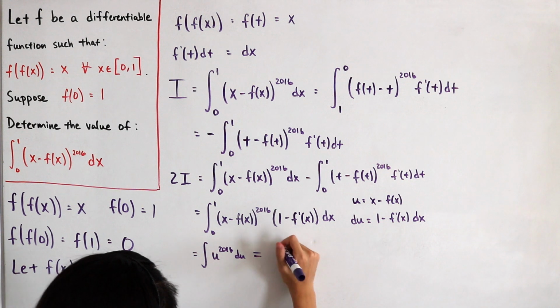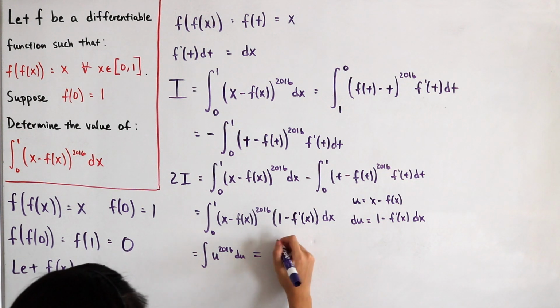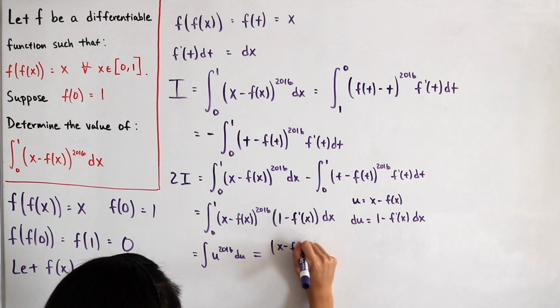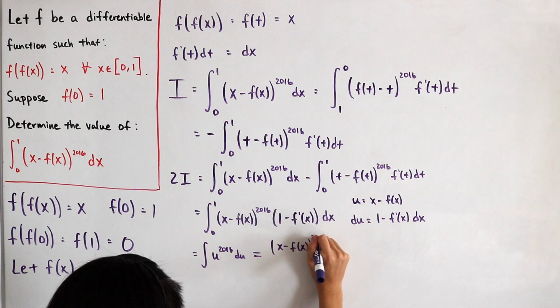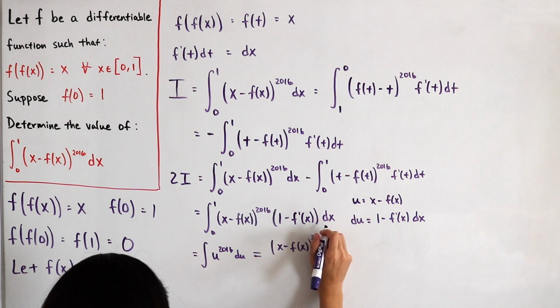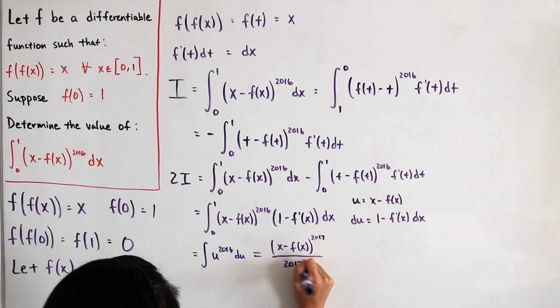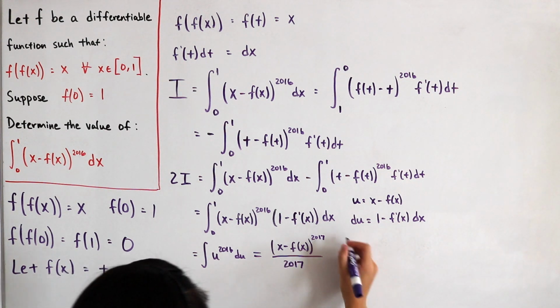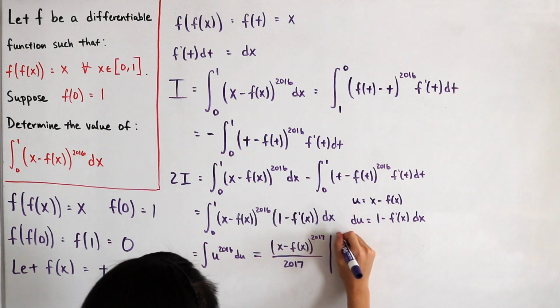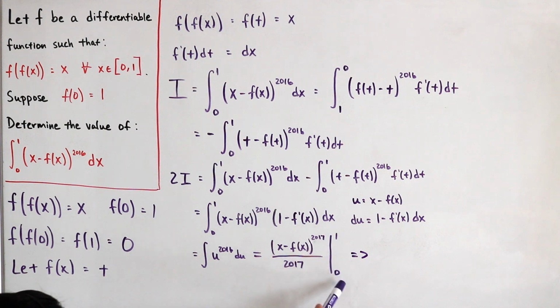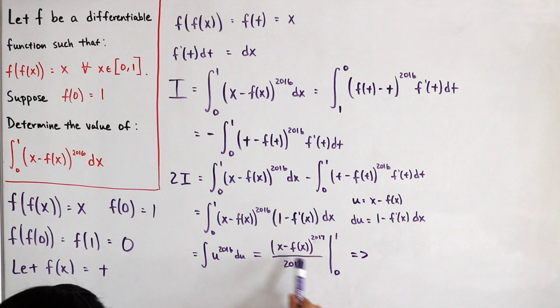Then it's easy to see that this is just, substituting x minus f of x back in, x minus f of x to the 2017 power, and then this is divided by 2017, right? And then we just evaluate our bounds from 0 to 1, and you'll see that if you plug in 0, this is 0 minus f of 0, which we said is 1, so that'll be a negative.